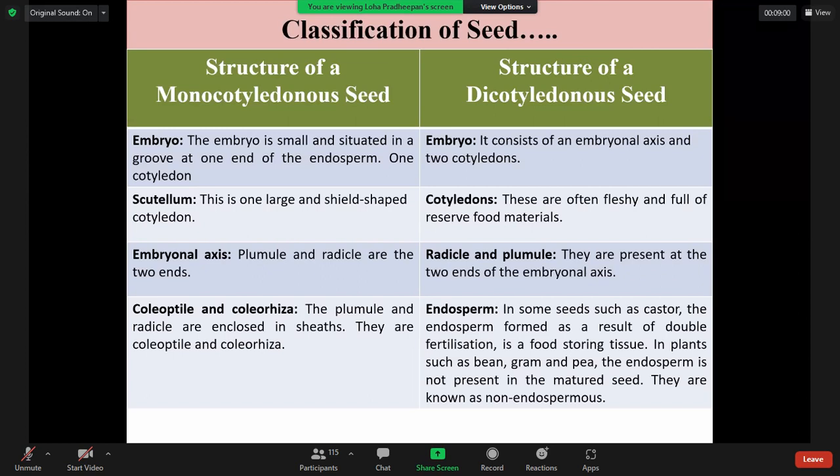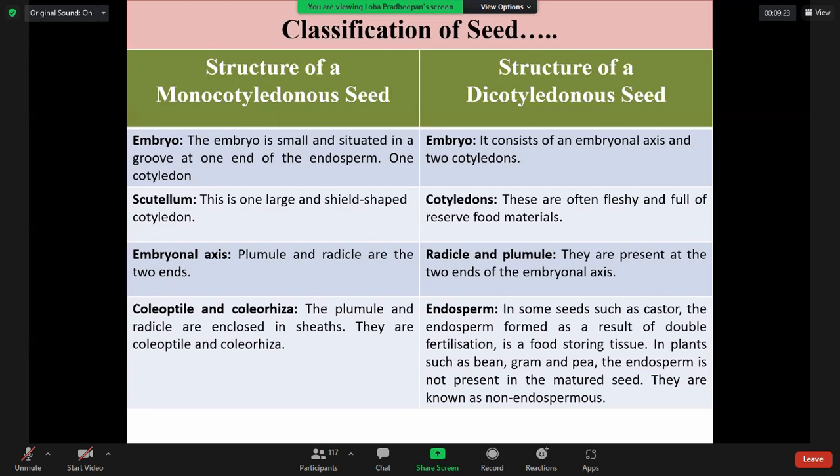But in dicot, we simply call that a cotyledon. Plumule and radicle are the two ends of the embryonal axis in the seed.